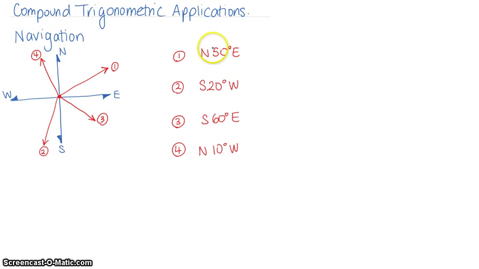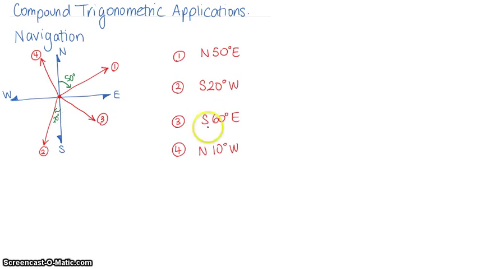So when it says N 50 degrees E, it means that from the north we go 50 degrees towards the east side. When it says S20 west or S20W, from the south we're going to go 20 degrees towards the west direction.